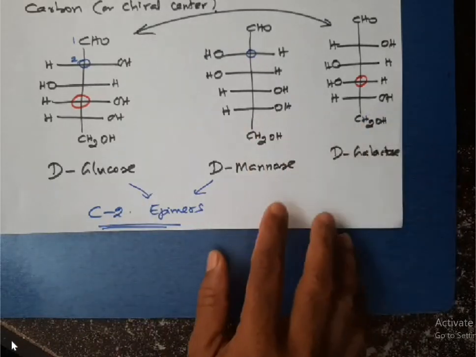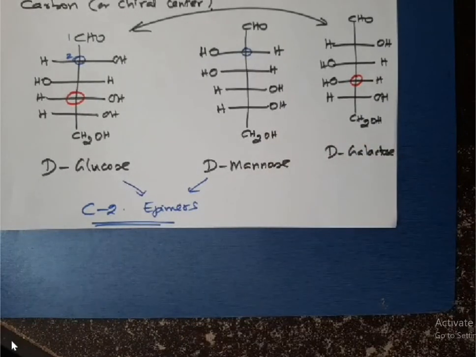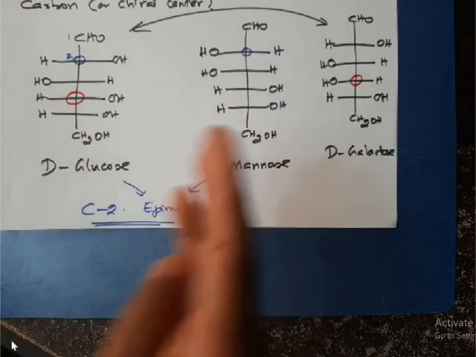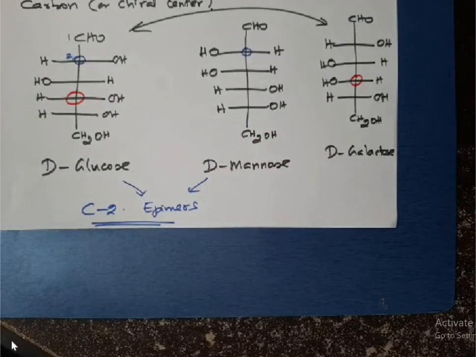Just compare the two structures, mannose and galactose. In which carbon they differ? Second and fourth, sir. So if they differ in two carbon atoms, they are not epimers. That's the point. If two aldohexoses or aldopentoses, whatever it is, same family should be there.